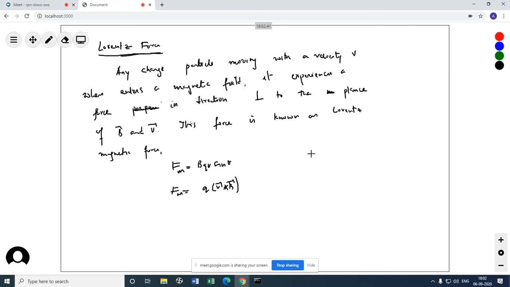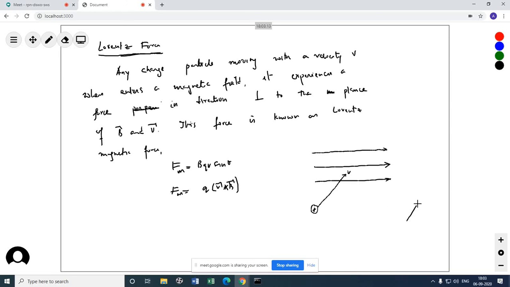Imagine this is a magnetic field going this way, and this is any charged particle entering the magnetic field with certain velocity v.